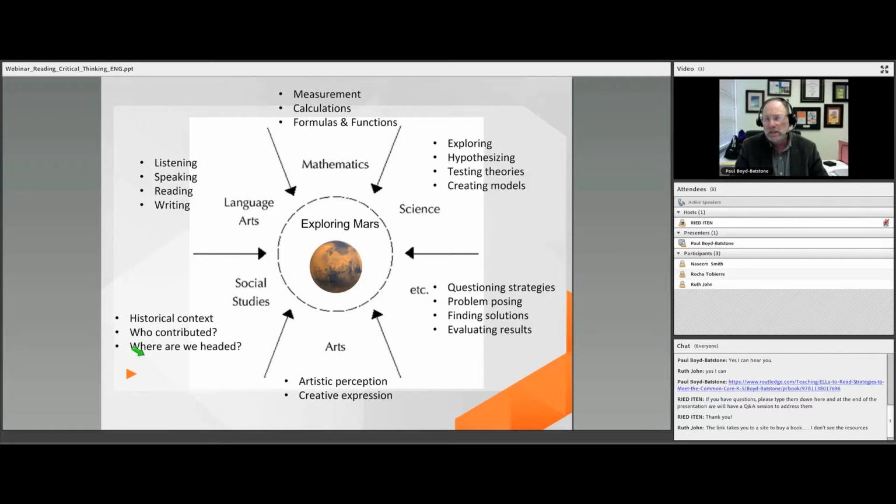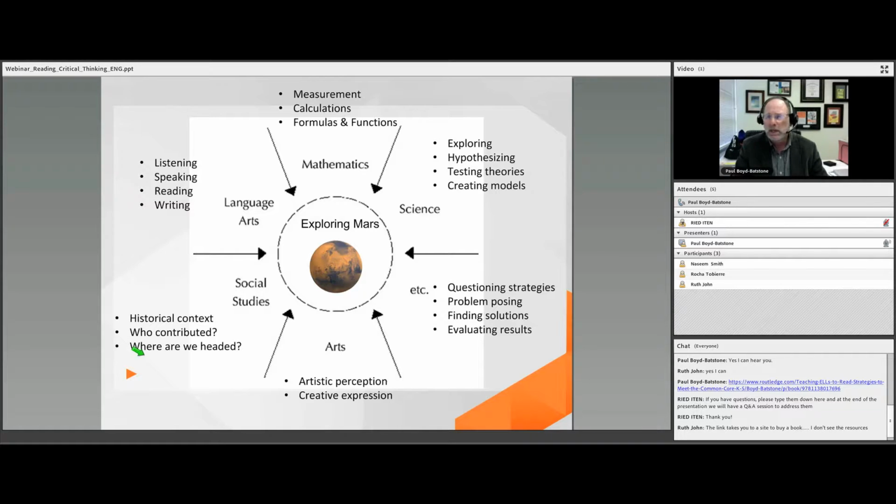What's the distance that's being traveled? What's the difference in size between the planet Mars and the Earth, for example? We're making these calculations and formulas and functions. But there's an overlapping connection between what we're listening about, what we're speaking about, what we're reading about, and what we're writing. In science, we're doing more exploring.